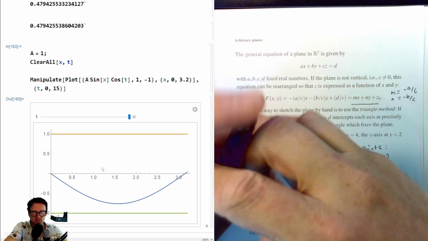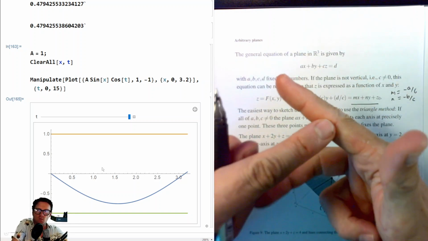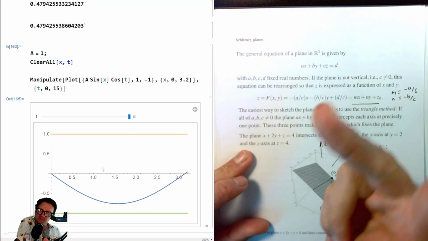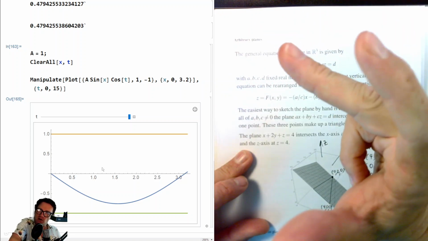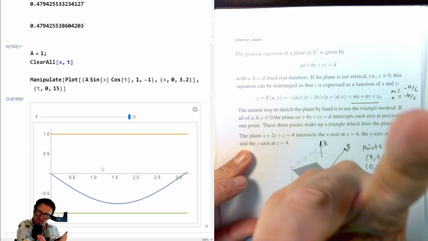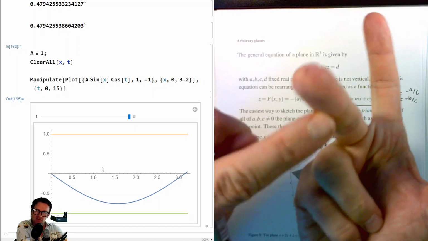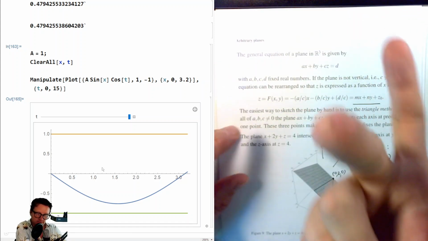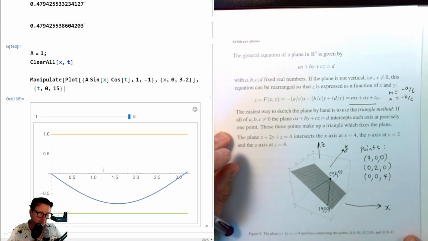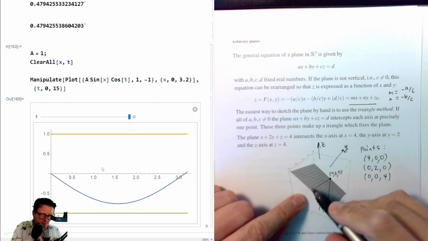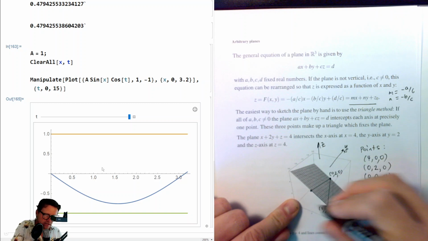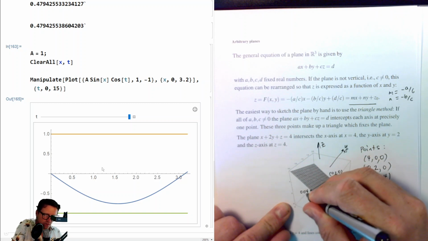Okay, so does this agree with the right-hand rule? X, y, z. So yes, I've just taken the orientation from this way, more like this, right? Like this, so that this is z coming up. So it agrees with that convention. All right, now this point over here is the point 0, 0, 4.